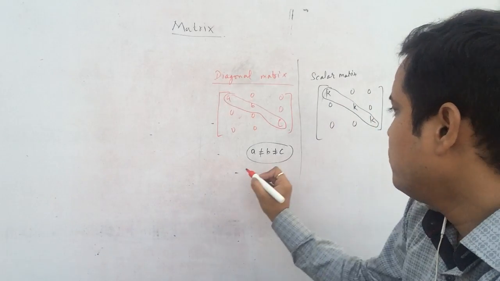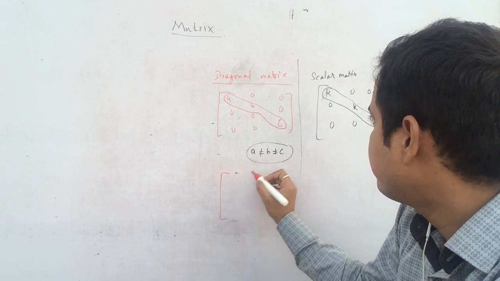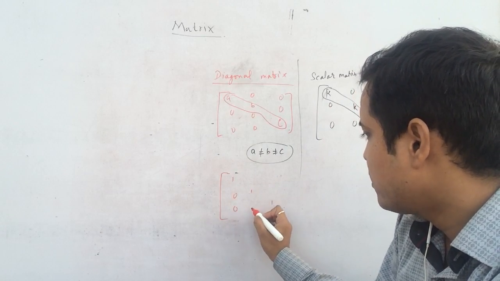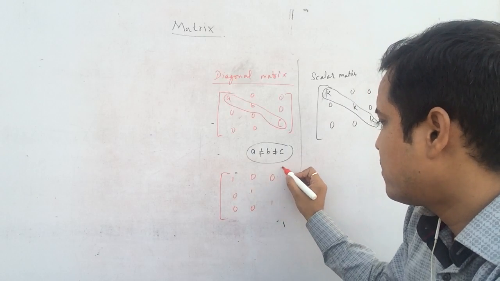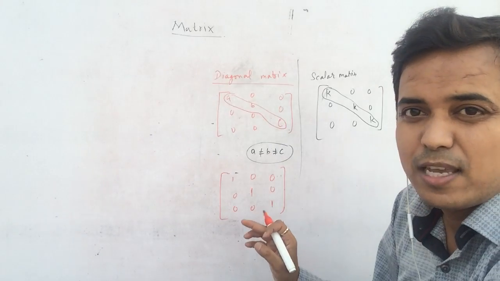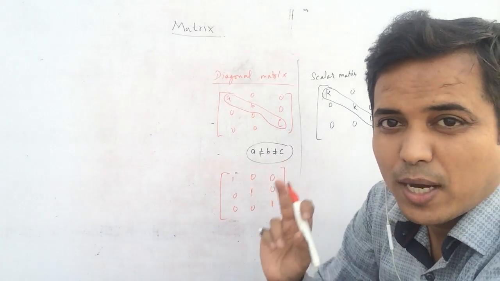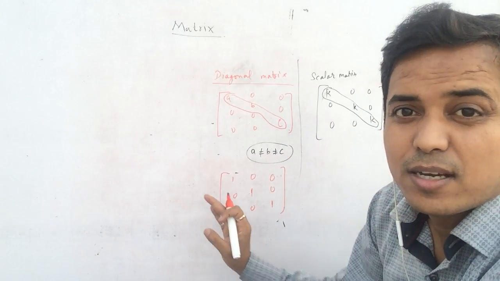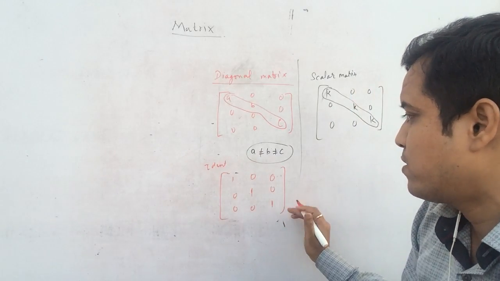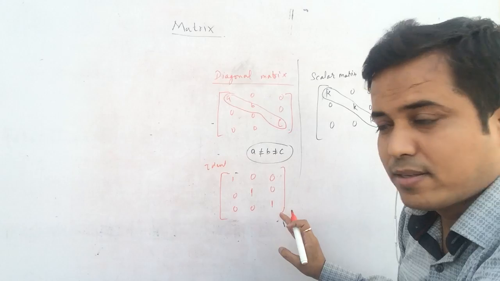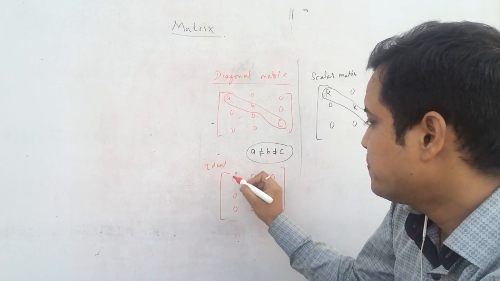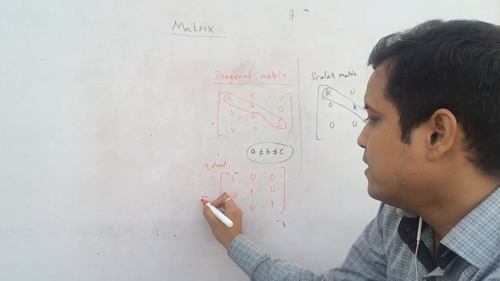And if in the diagonal you place 1, 1, 1, so a square matrix in which the diagonal has the same number, which is 1, then we can say that it is an identity matrix. Here you see it is a kind of square matrix, it is a diagonal matrix, and in the diagonal you see 1. So you can say that it is an identity matrix.